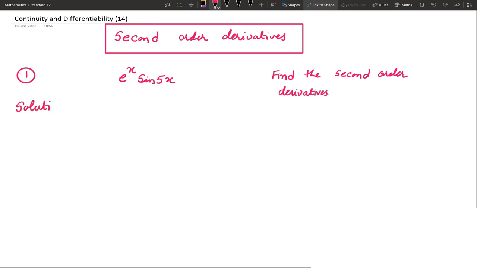Solution. Since the function is not given by y, let y equal to e raised to x into sine 5x. Obtain the second order derivative, so for this y we have to obtain d2y by dx2.